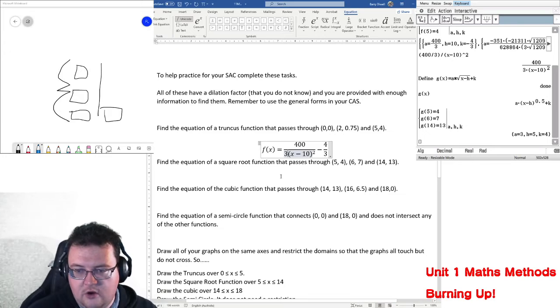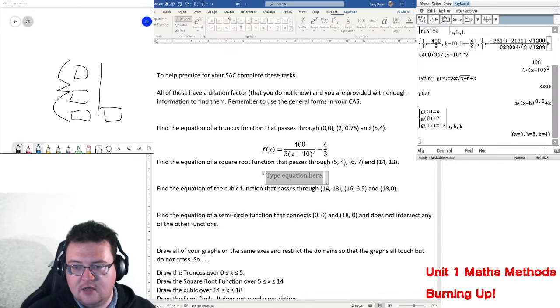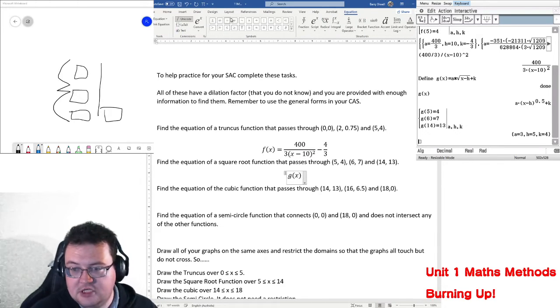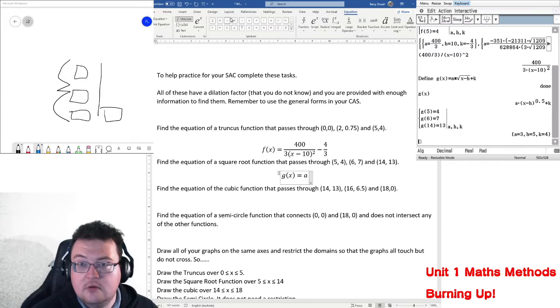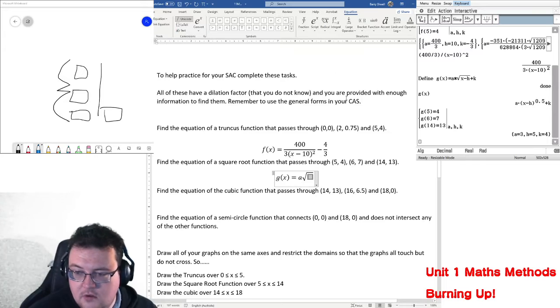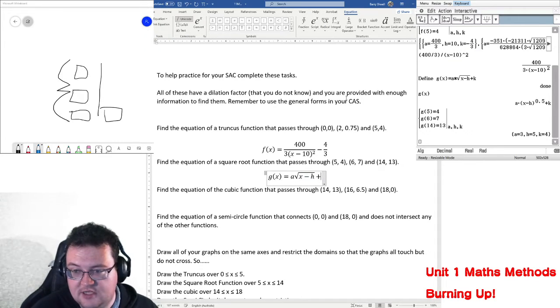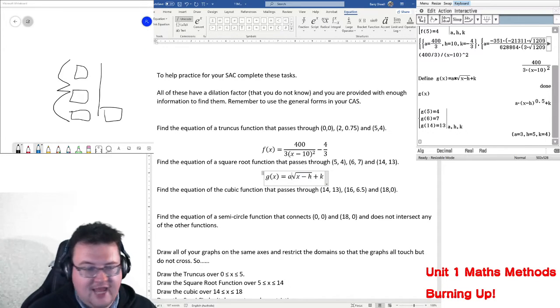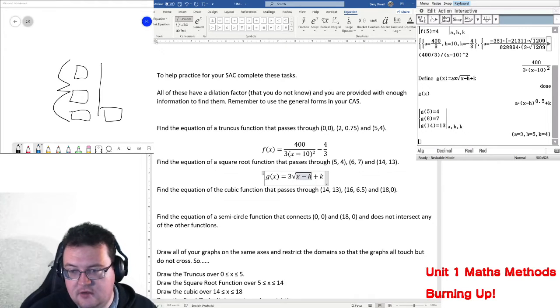So on our answer sheet, we would type in g of x equals a times the square root of (x minus h) plus k. We know what a is. A is 3, h is 5, k is 4. Done.